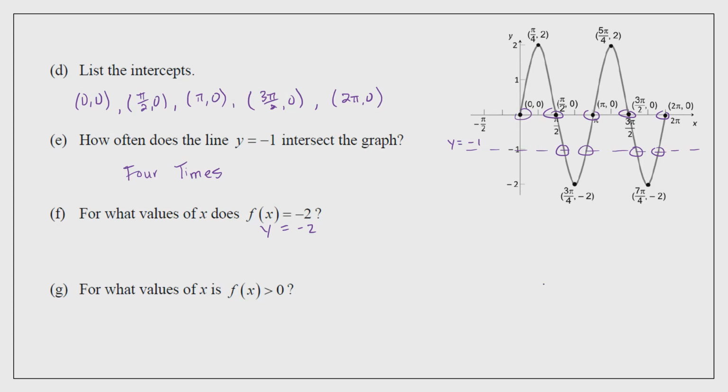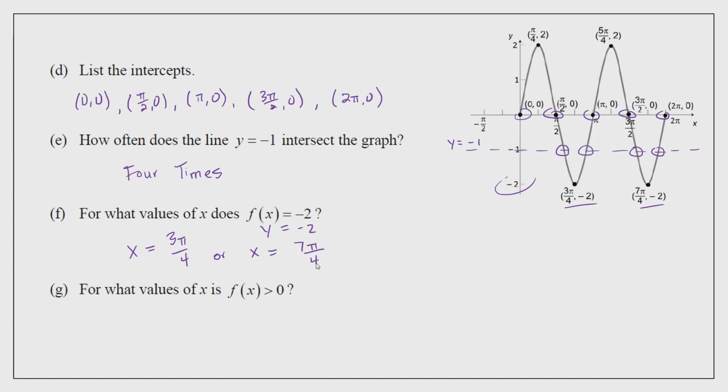Okay, well, let's go to y equals -2 and see if we have any points that contain the y coordinate -2. Well, looking at y equals -2, I see 2 points. So what values of x does f of x equal -2? Well, x can equal 3 pi over 4, or x can equal 7 pi over 4. Both of these x values will get you an f of x that is equal to -2.